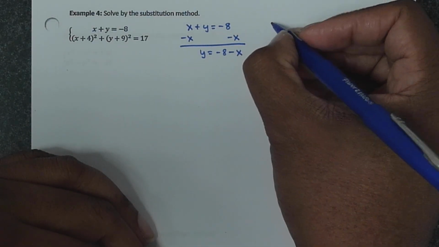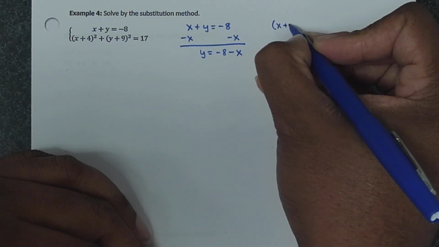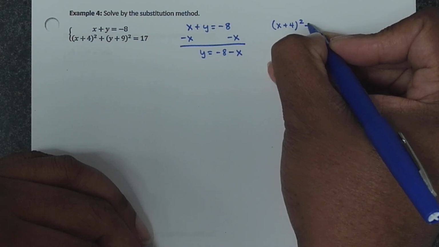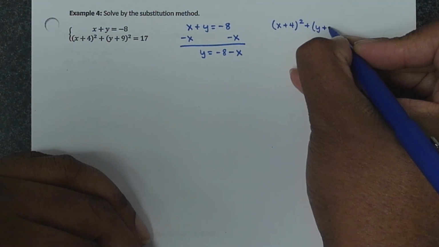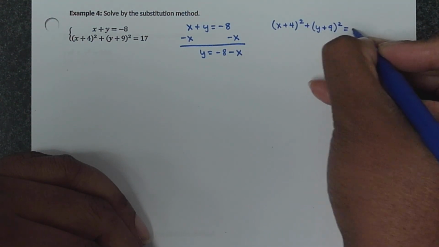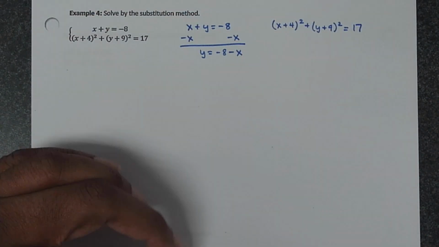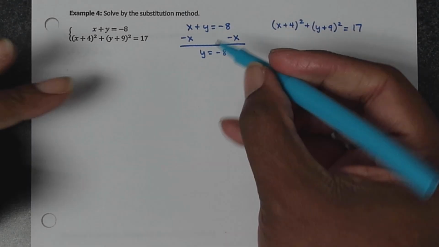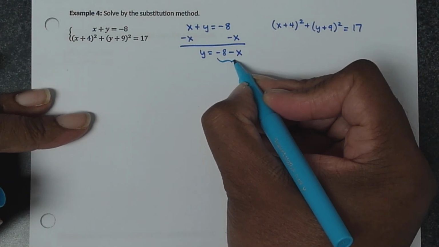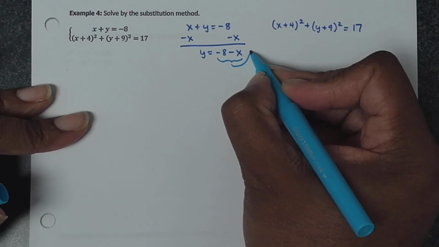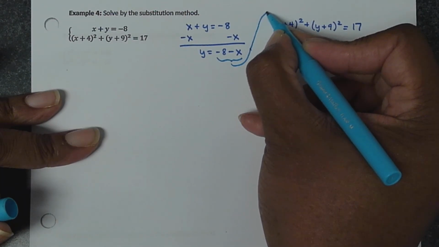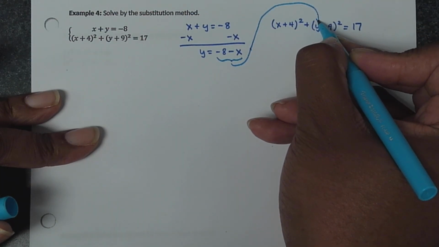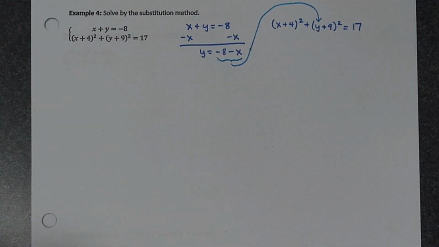And then this other equation, x plus 4 quantity squared plus y plus 9 quantity squared is equal to 17, which is, by the way, if you don't know, the equation of a circle. And here's what y is equal to: -8 minus x. So I'm going to take that and substitute it for this y in the other equation.